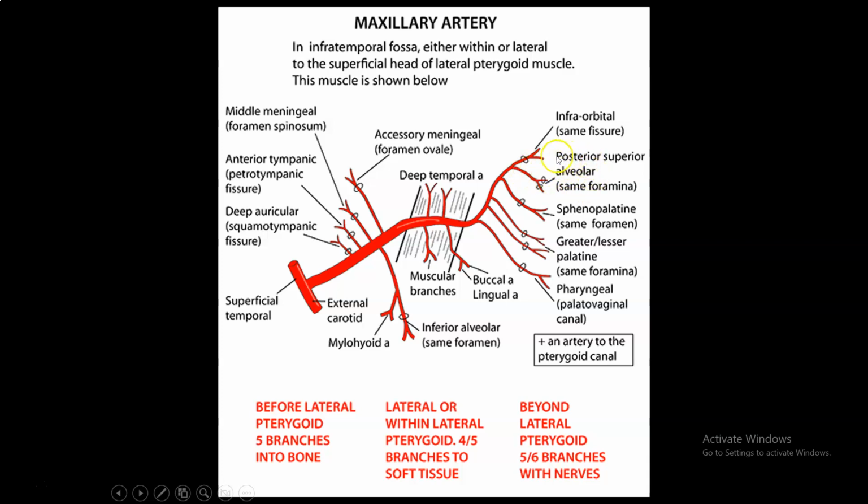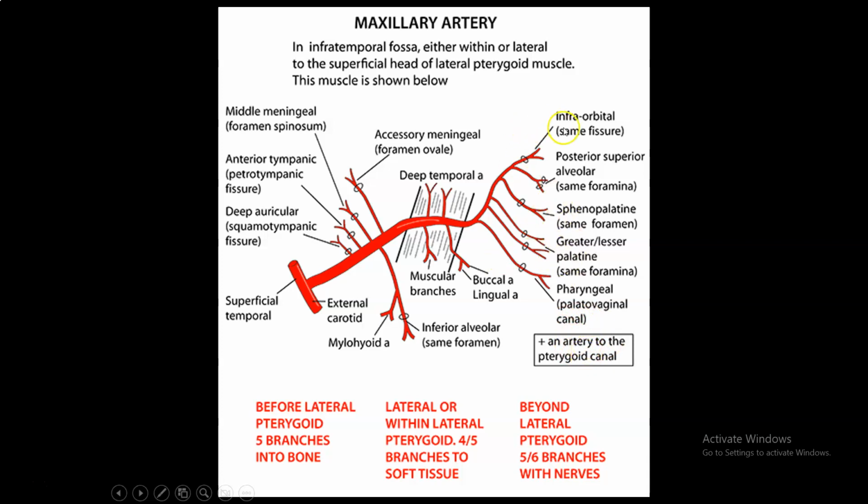So it's called the posterior superior alveolar artery. And we have, of course, the famous sphenopalatine, then the greater and lesser palatine arteries, the pharyngeal branch, and the artery to the pterygoid canal, which is the Vidian artery.